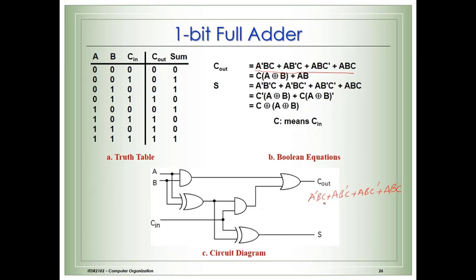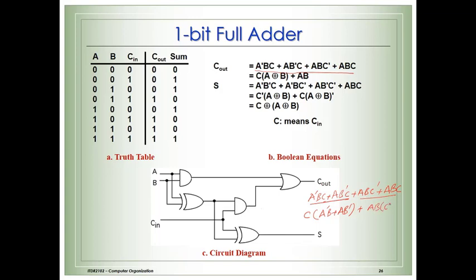So here you can take something common. What is common? C is common in both. So you can take C common, A naught B plus A B naught, and here you can take AB is common in both these terms.